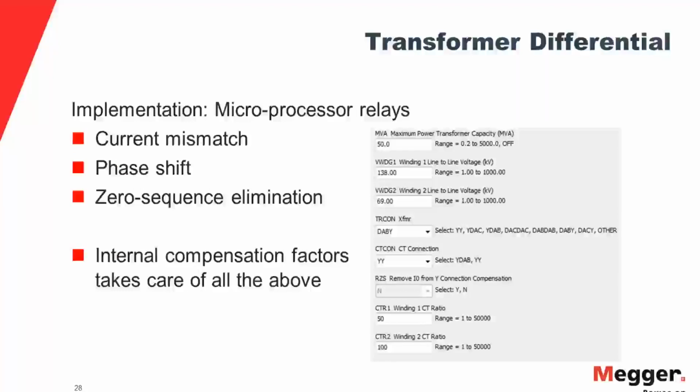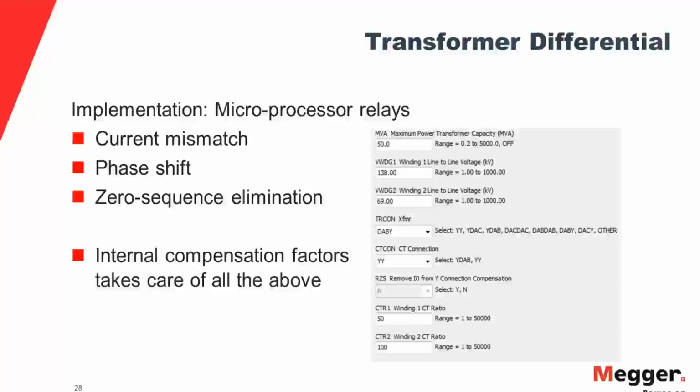So you would enter these values based on the settings of the transformer. You would enter the values and also the settings of the relay. Based on the settings, the microprocessor relay calculates what are known as compensation factors.